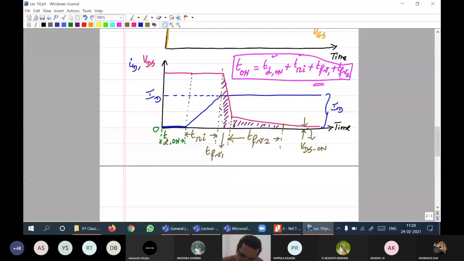Drain current rising and drain source voltage falling. Have you come across this somewhere during this course, in my power electronics course? Voltage falling down, current rising, and there is a crossover, crisscross. Have you come across that somewhere?